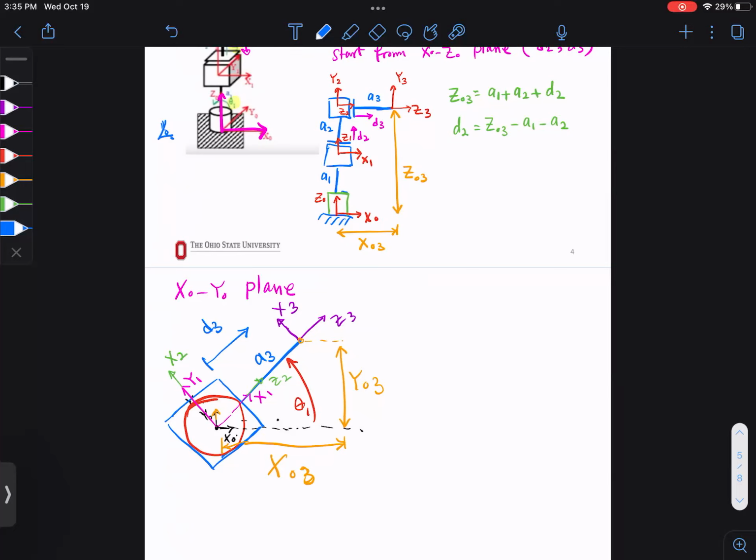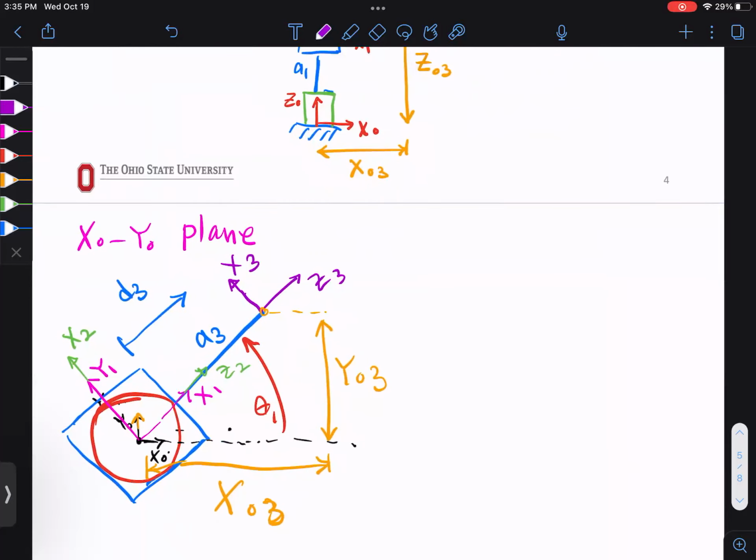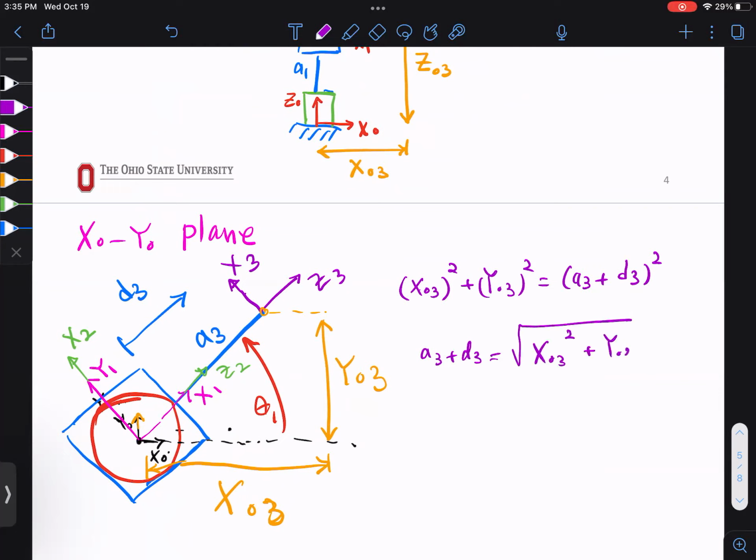So first one, very quickly, we say that x03 squared plus y03 squared is a3 plus d3 squared, then a3 plus d3 is the square root of x03 squared plus y03 squared.